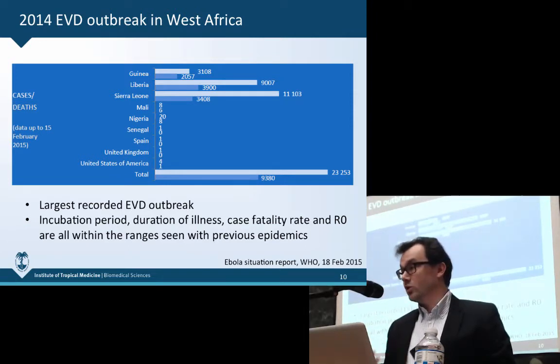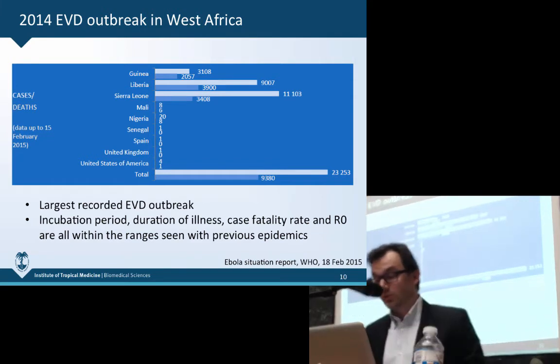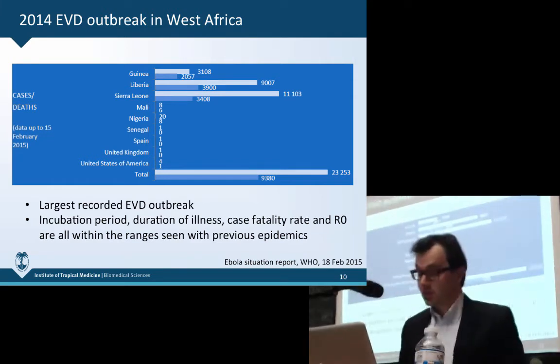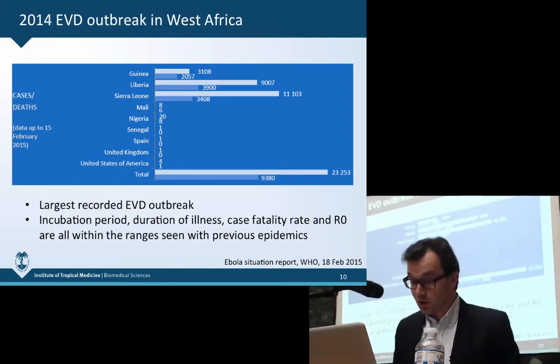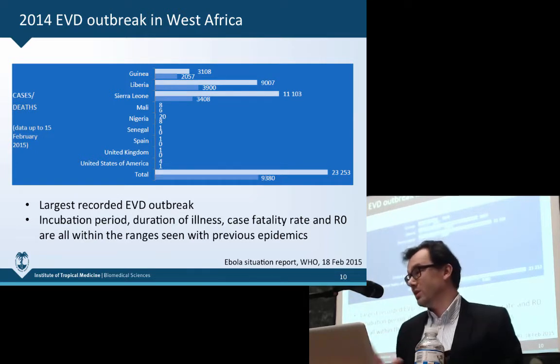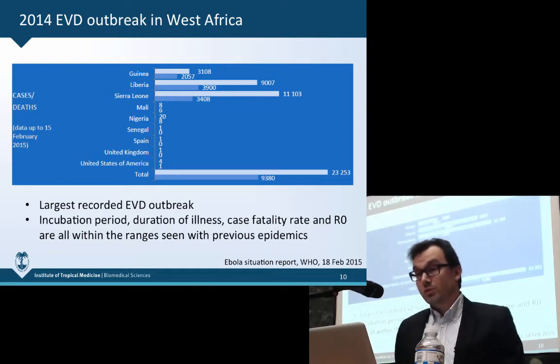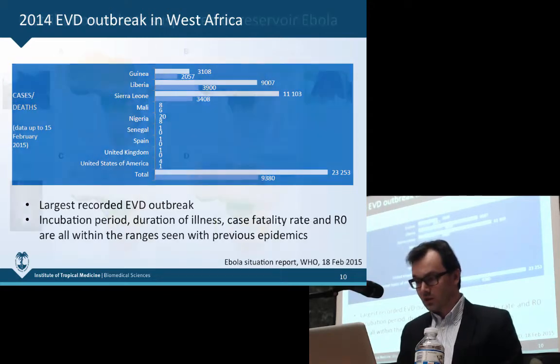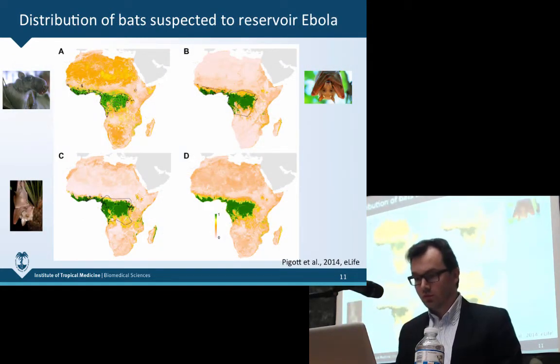But in terms of the incubation period and the duration of illness, also the case fatality rates and the reproductive rate, there's nothing really special about this outbreak. So it's all within the ranges that we've seen with previous epidemics. Approximately 800 of these healthcare workers have become infected, and almost 500 of them have died. That was also mentioned before.